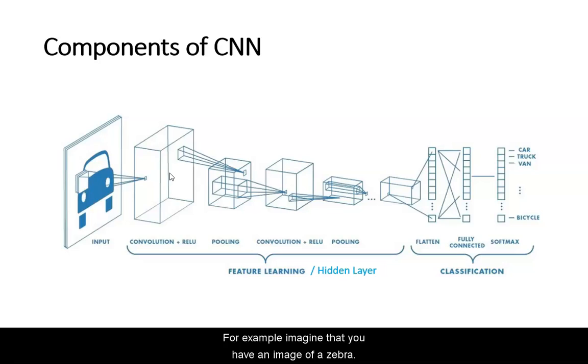For example, imagine that you have an image of a zebra. Now it is during this part, which is the feature learning or hidden layer part, that from this picture of a zebra, the network would actually recognize its features. For example, the stripes of the zebra, or the color of the zebra, or its 2 ears, or its 4 legs, and so on.